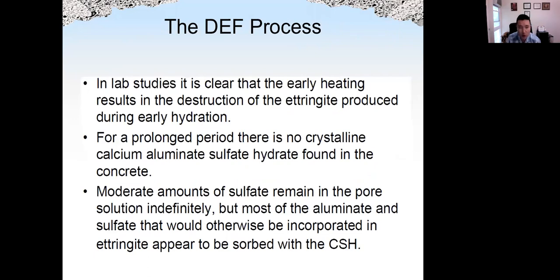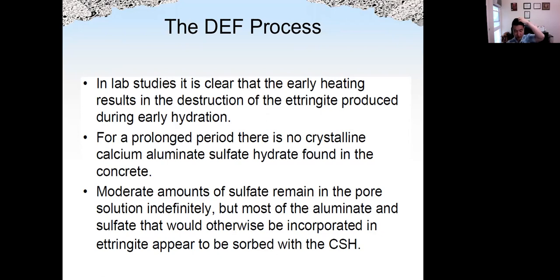Okay, and here shows what we already know. Study shows that earlier heating results in destruction of ettringite. So the ettringite is dissolved, destroyed. And for a prolonged period of time, there's no crystalline, which means there's no AFt, ettringite, or AFm, monosulfate aluminate in concrete. Okay.